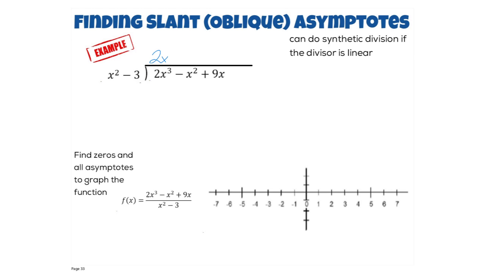So let's do that. So 2x times x squared is 2x cubed. And then you have a 2x times a negative 3, and that's actually a negative 6x, which really needs to go over here underneath the 9x, because you do have to keep your like terms lined up. And that happens because right here in my divisor, I'm missing an x term.